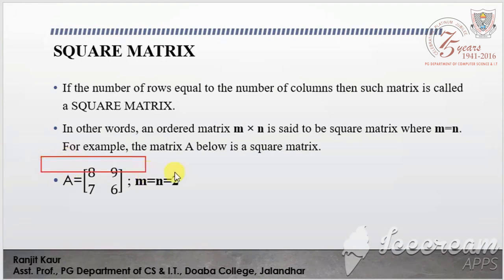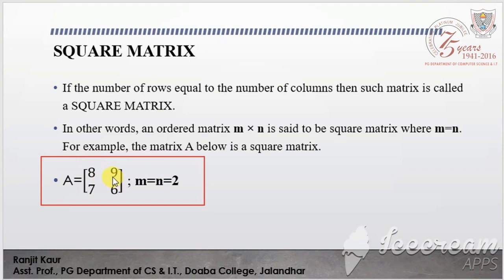As you can see over here, we have a matrix A and this matrix has 4 elements in it, 8, 9, 7 and 6. How many rows are there in this matrix? 1, 2. 2 rows. And how many columns are there? 1, 2.